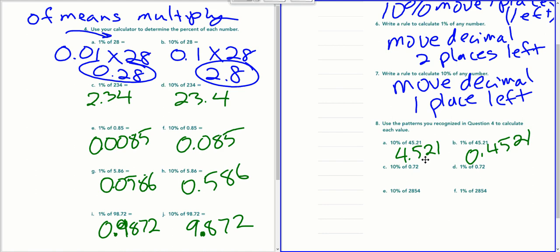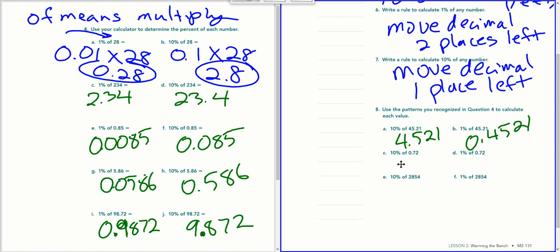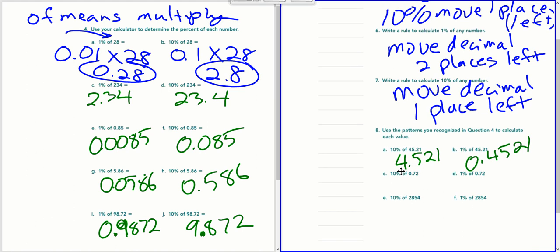Originally the decimal would have been right here, but then we moved it to the left, one place value. And here you move it 2 place values to the left. So it would originally be here, but now it is here. And for the next ones, I don't think we have to do since they are filled out.